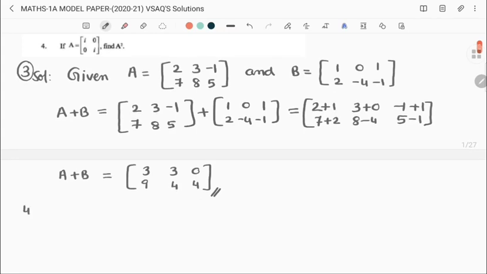Question number 4. Fourth solution. Given A is equal to i 0 0 i, and they are asking to calculate A square.